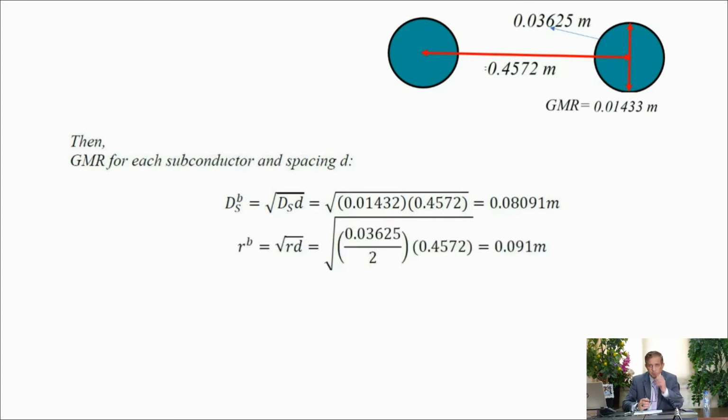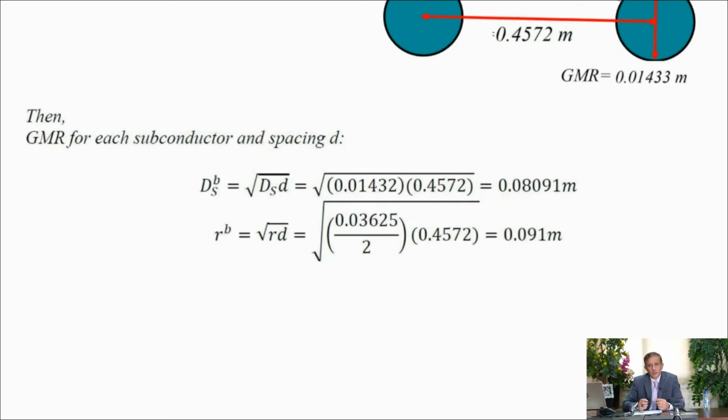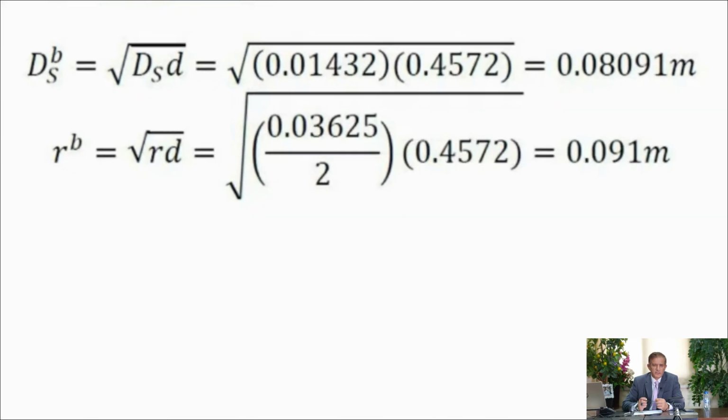For the capacitance, the same thing, but instead of GMR, I'll be using the physical R. There you have the diameter 1.03625. If you see it up, I divided this by 2 to get the radius, with the same distance. So basically these two formulas are the same, but one of them is prepared for the inductance calculation, the other one for the capacitance calculation. This is only inside the bundle itself.